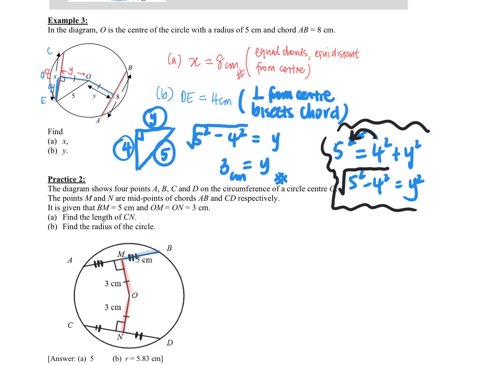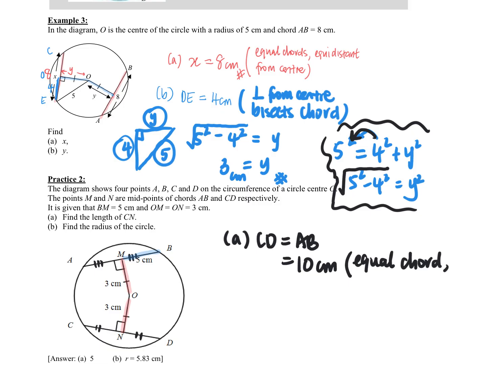5. Why? The number 2. No, you first need to say the equal chords. So we first have to write down CD is equals to AB, which is 10 cm. This is equal chords, equidistant from center.